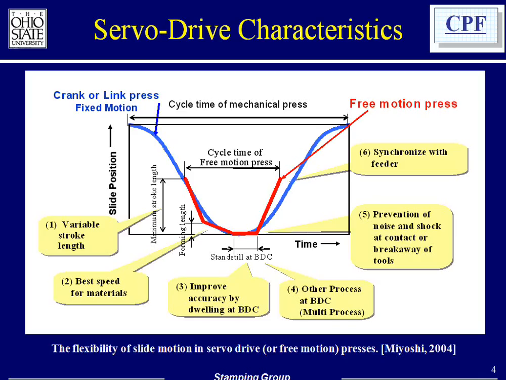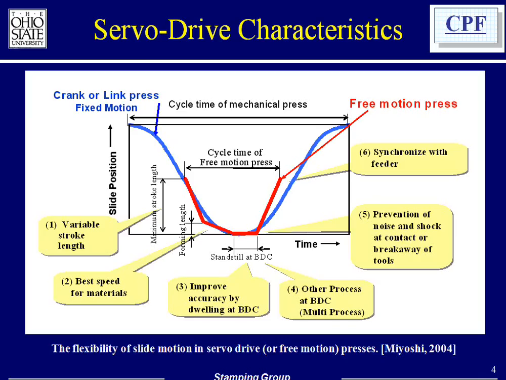And the red one is supposed to schematically illustrate the motion curve of a servo press. So what are the capabilities of this machine? Number 1, you can change the stroke length. It's not like a mechanical press where you have to go to top dead center and bottom dead center. So you can change this stroke.